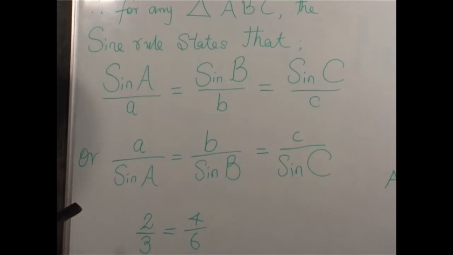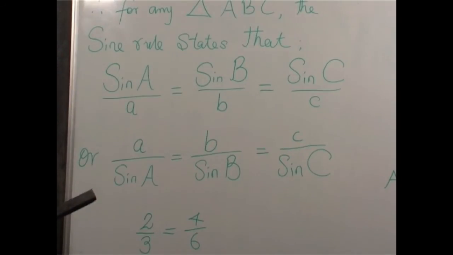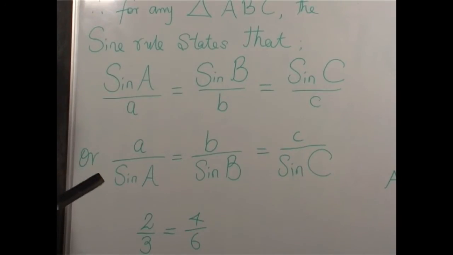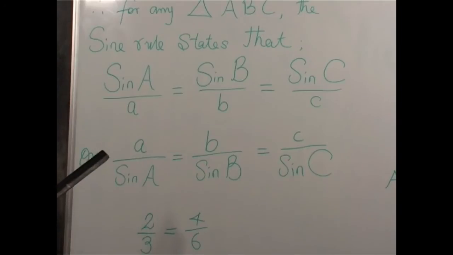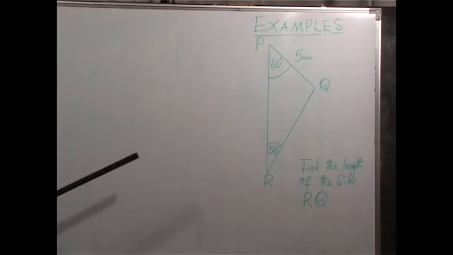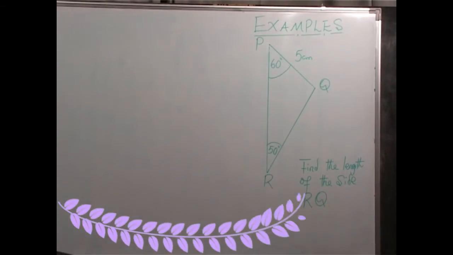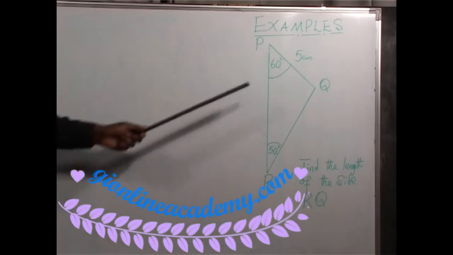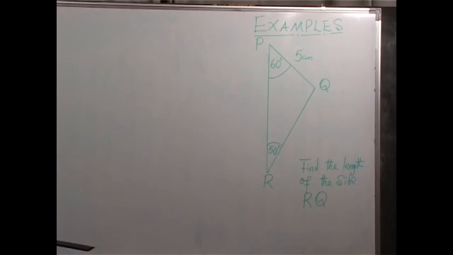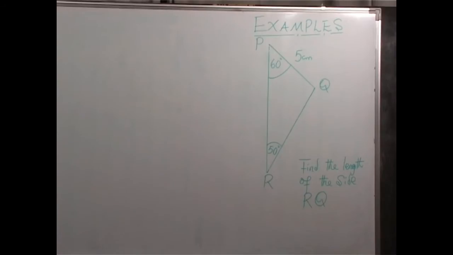So at this point, having derived the sine rule, I want us now to move on and look at examples in which the sine rule is going to be used. Our first example involves a triangle PQR, in which the angle at P is 60, the angle at R is 50, and we are given a side PQ as 5 centimeters.